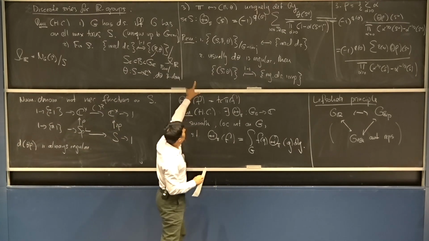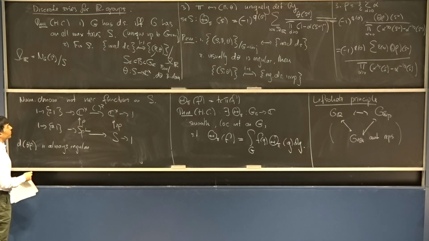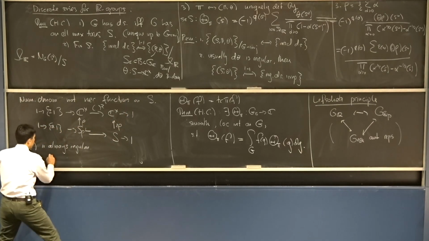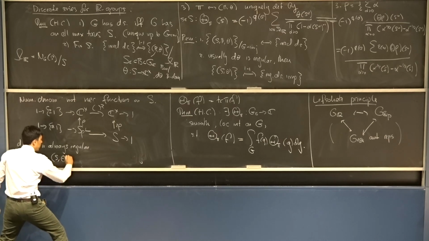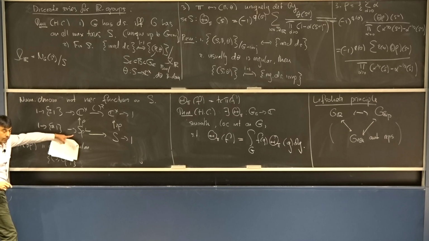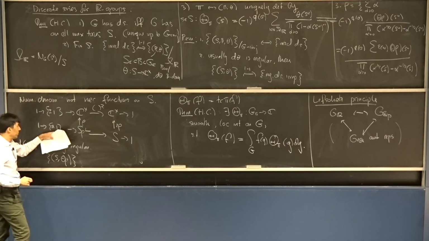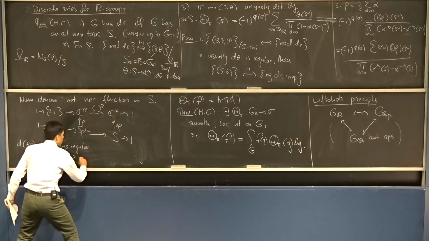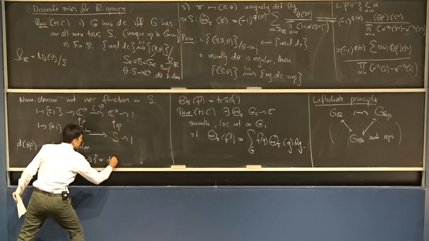We can kind of mash up those 2 points, 1 and 2, together, and have a clean parametrization of all discrete series at the same time. Namely, we're going to have pairs of S and a regular genuine character of this double cover. Genuine means that it doesn't inflate from S. It has non-trivial restriction to this plus minus. And all irreducible discrete series.